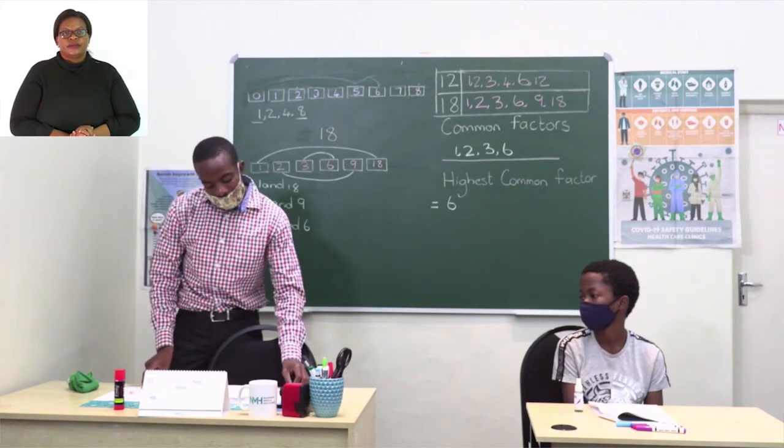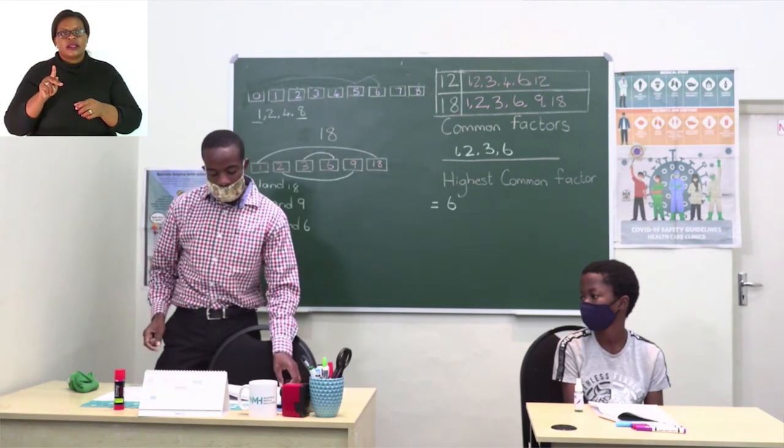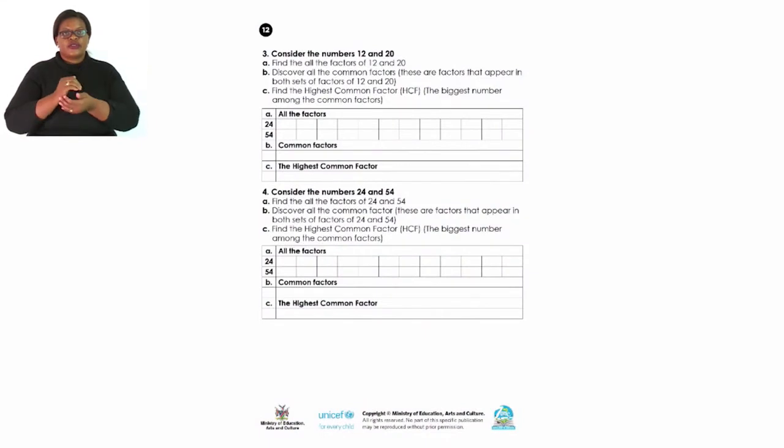And then on the next page, which is page 12, now you will notice that question 3 and question 4, they are similar. Okay? In question 3, it says, consider the numbers 12 and 20.